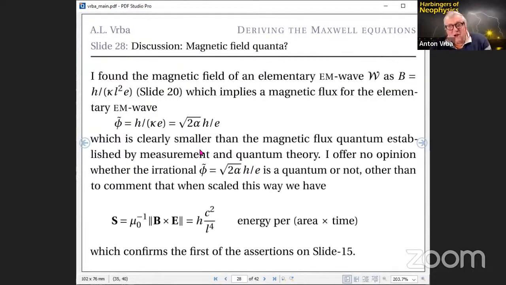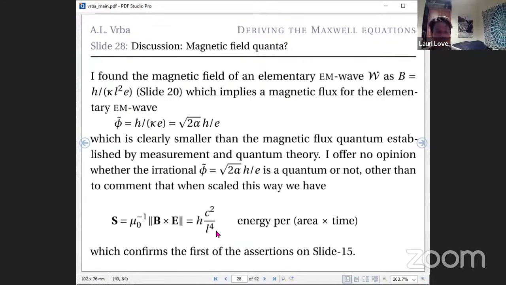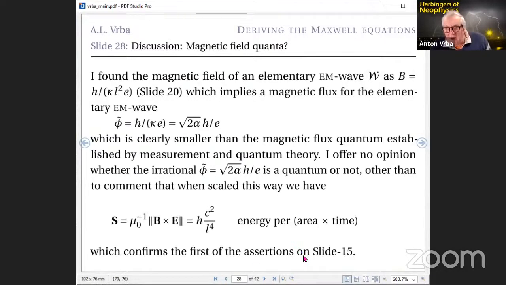I don't want to put any quantized nature into this, other than that when I express it in the Poynting vector and use this value in the elementary form, it works out correct, which basically confirms the first assertions in slide 15, where I say that an elementary wave has an elementary action.